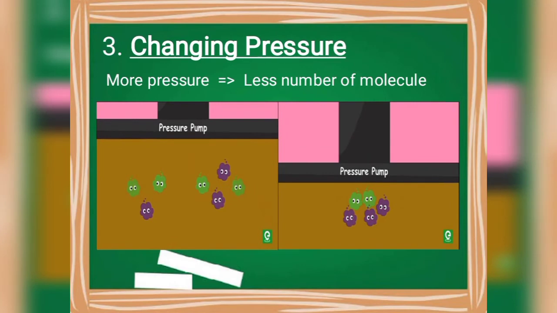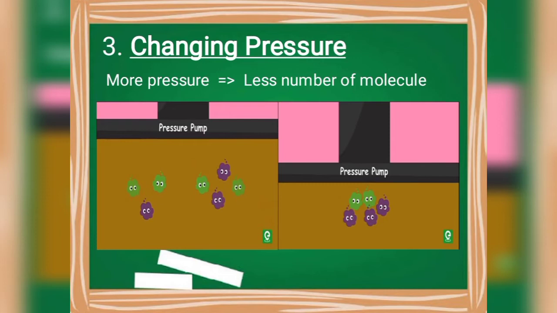Finally, we can also induce stress by applying pressure. Students, you have to keep in your mind that with an increase in pressure on a system at equilibrium, the system acts to move in the direction with fewer number of molecules.